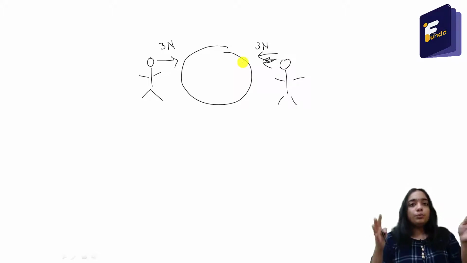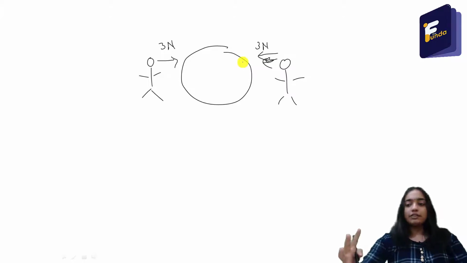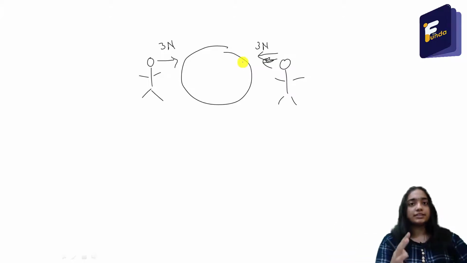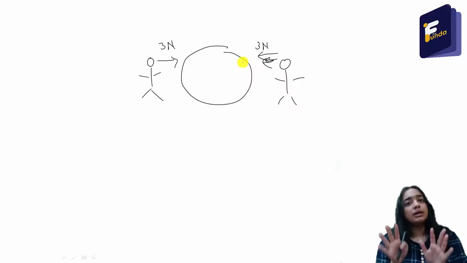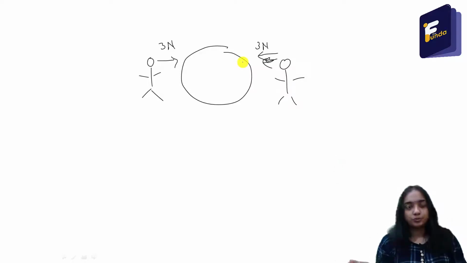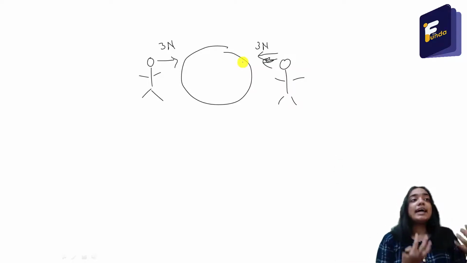If two people are applying 3 Newton force in opposite directions to the same rock, then that rock will never move. If I am pushing from this side with the same force and another person is pushing from this side with the same force, the rock will stay in the same position. It will not move. So what is the net amount of force applied to the rock?